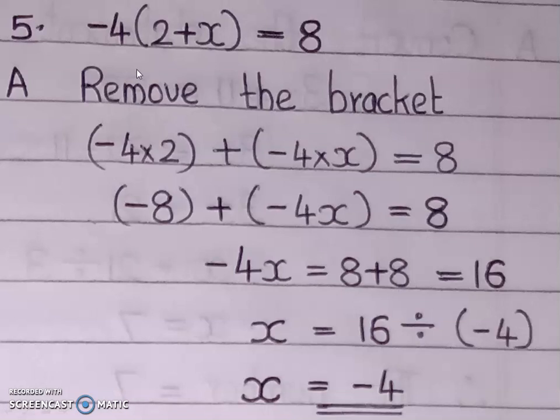As you can see a bracket here, remove the bracket first. Minus 4 into 2. What is that? Minus 8. Here one plus is there. Plus minus 4 into x. What is minus 4 into x? It is minus 4x.